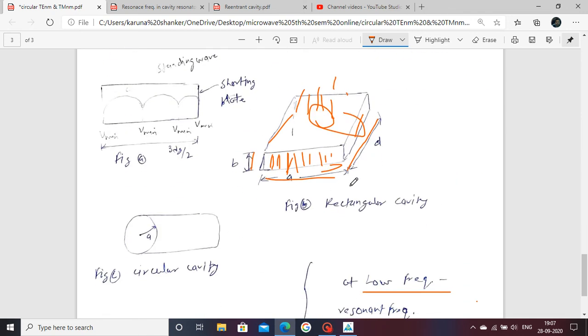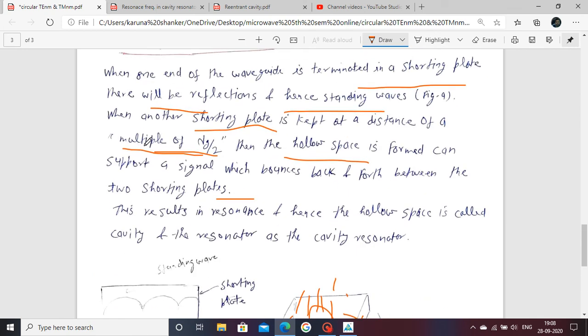The distance, using the symbol d, is a multiple of lambda g by 2, where lambda g is the guided wavelength. This length is a multiple of lambda g by 2. For proper resonance this term is used. The multiple of lambda g by 2 is used for resonance.